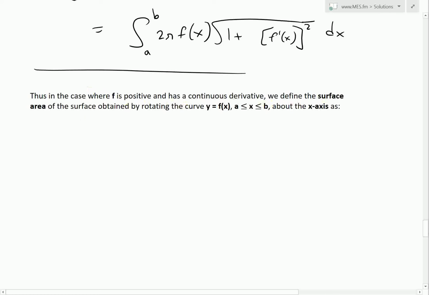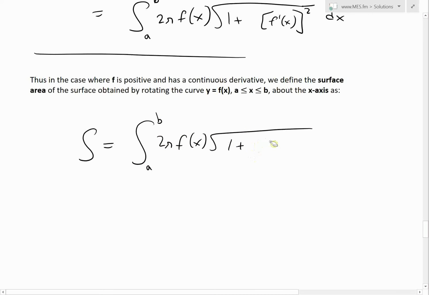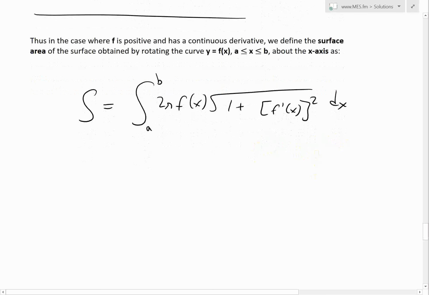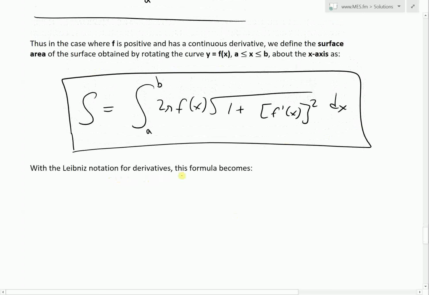Thus, in the case where f is positive and has a continuous derivative, we define the surface area obtained by rotating the curve y equals f of x, from x greater than or equal to a and less than or equal to b, about the x-axis as, writing S for surface area, the integral from a to b of 2 pi f of x times square root of 1 plus the derivative squared, dx. Let's circle this.